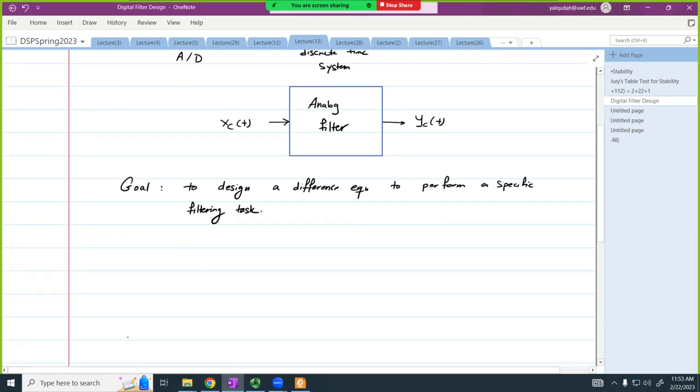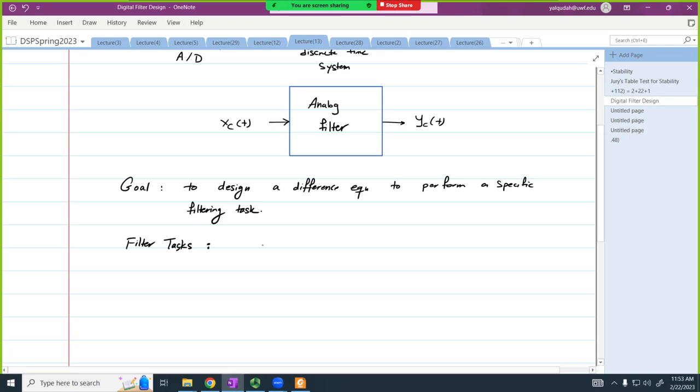Okay. So what are the tasks that the filter does? What do we use a filter for? To attenuate some signal and let through another? To attenuate some signal and not attenuate other signal. So what does that do? Separate a certain band.